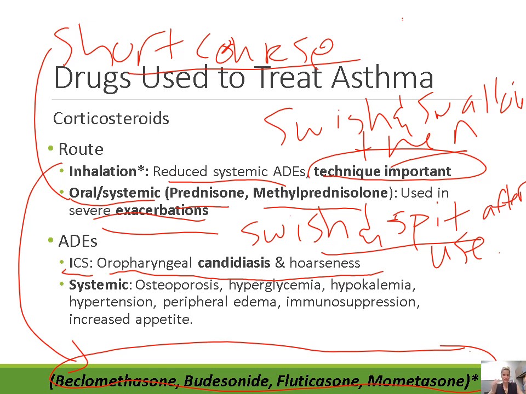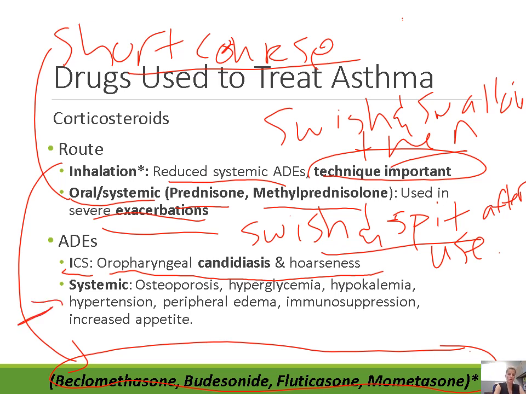You have to slowly taper them down so that the axis can recalibrate. But with such a short course, it doesn't suppress the axis, so you really don't have to taper. I do see doctors taper them a lot, though, even if they just give it for a few days. It's not necessary, but it won't hurt.